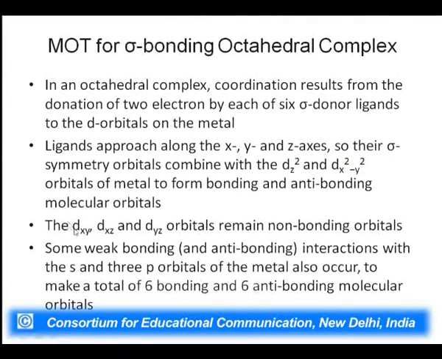The other three are not part of the direction of approach of the ligand, therefore they will remain almost unperturbed, with maybe a little energy change, and therefore dxy, dxz, dyz, these d orbitals of the metal, are going to form the non-bonding MOs. Now, some weak interaction will also take place, as I told you that we are not going to consider only the d orbitals in isolation.